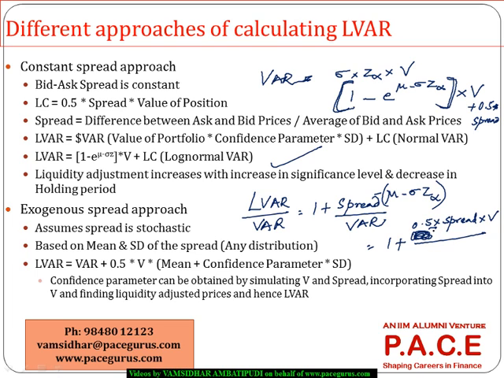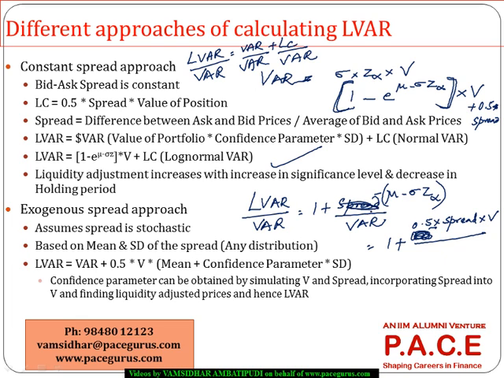the VaR. See, LVaR equals VaR plus liquidity cost. I divide by VaR across, and this becomes 1 plus liquidity cost by VaR.